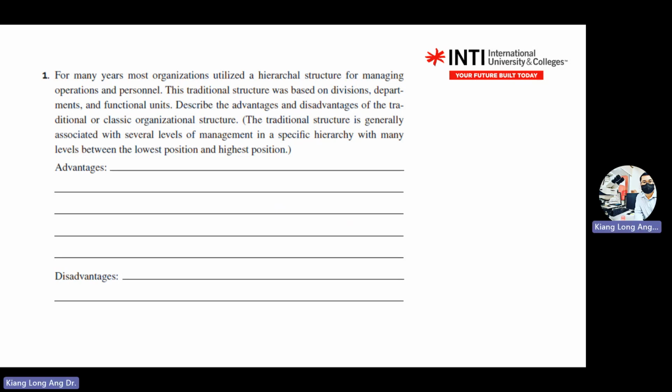So in this case, if you look at the traditional org chart, it is more in vertical reporting. So when you have vertical reporting, like you say, there is a specific reporting manager. There's a specific manager. Okay, number one, a specific manager.